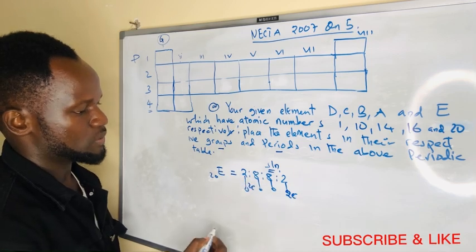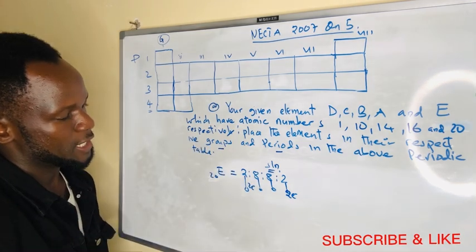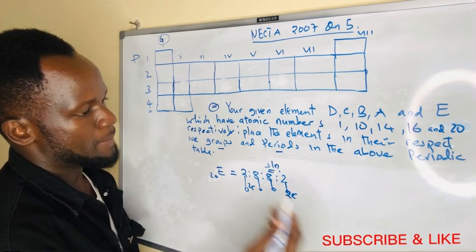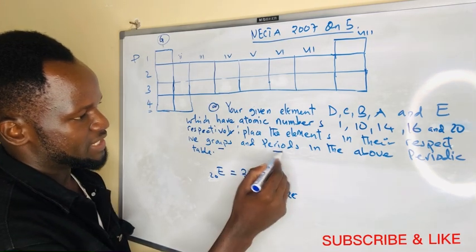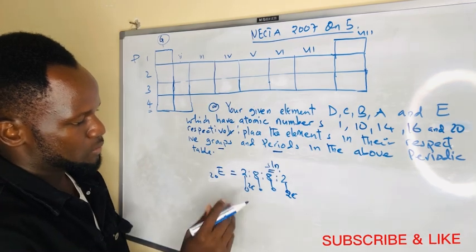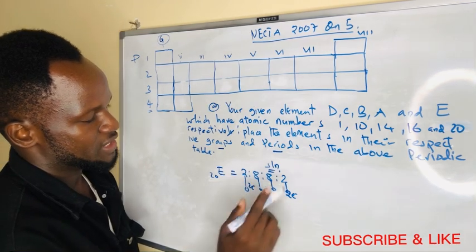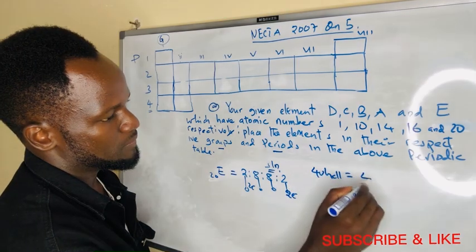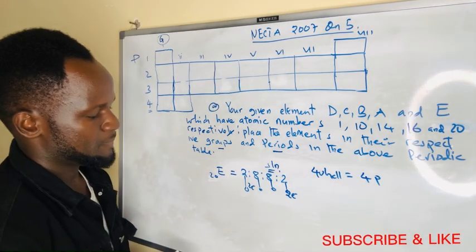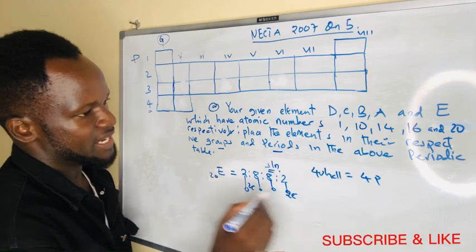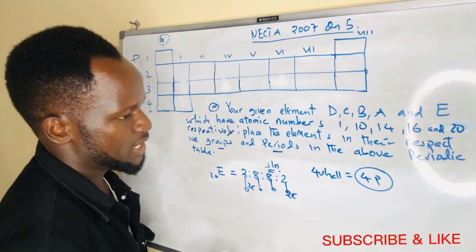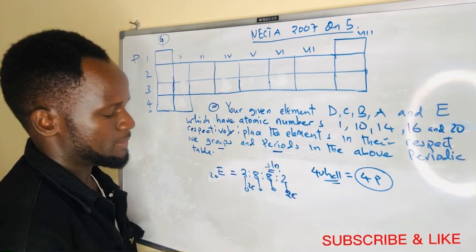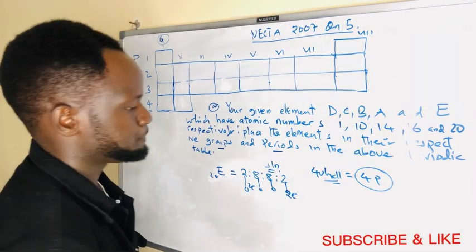The number of shells determines the period. We have 1, 2, 3, 4 shells, so 4 shells equal period 4. Element E belongs to period number 4.